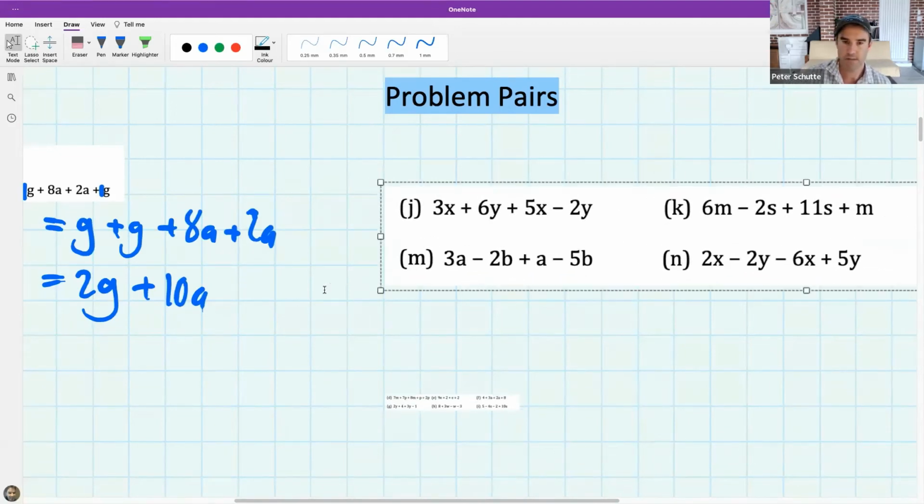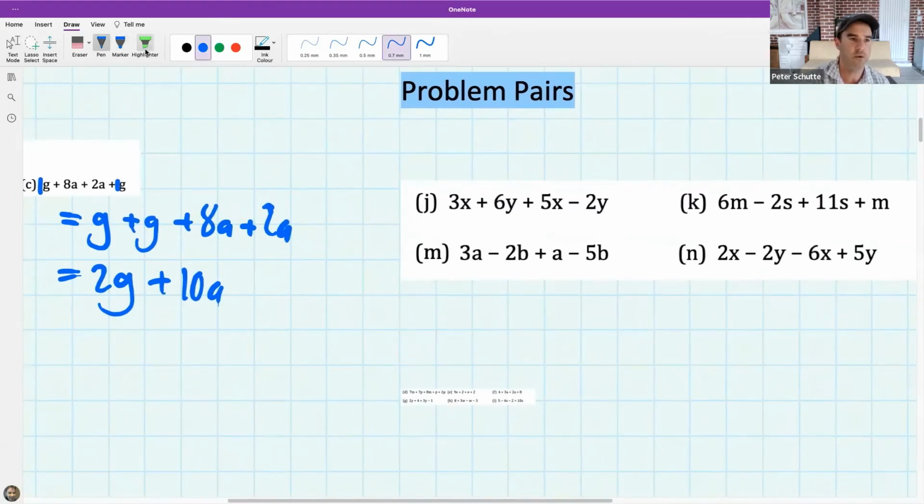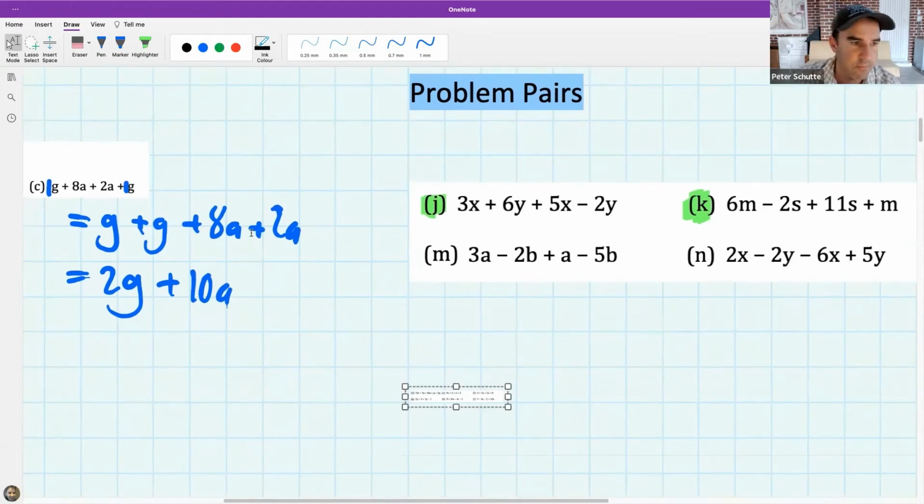Let's do J and K and see how it goes. If you're feeling very comfortable, you can go on to M and N, and then I'm going to work on c on the side here because there are some students who are asking questions about that. Okay, so everyone else, J and K, off you go. And then I'm going to explain question c while that happens.